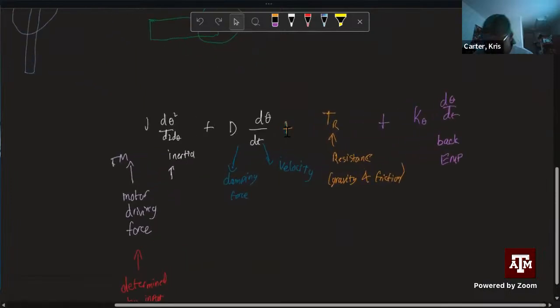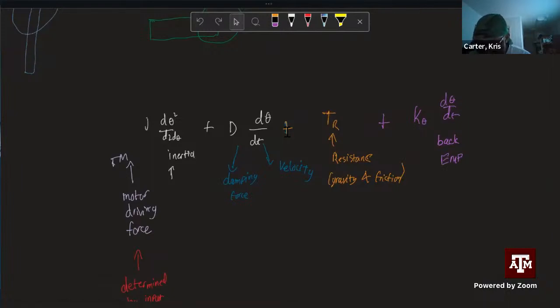So you have J times d2 theta over dt2, plus the damping force multiplied by the velocity, added to the resistance, that's gravity and friction.